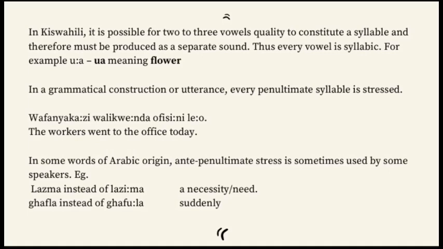For example, the word flower, which is ua in Kiswahili, has only 2 vowels. So each vowel is a separate sound. So you say u-a.